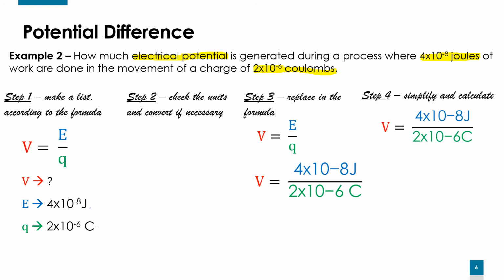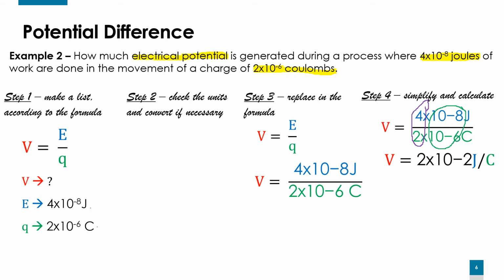So how do I simplify here? First, the easiest way, I'm going to divide these two numbers. 4 divided by 2. And then I'm going to divide these two together. It's the easiest way to do this, okay? 4 divided by 2, 2. 10 to the power of minus 8 divided by 10 to the power of minus 6 is the same as 10 to the power of minus 2, okay? So, joules per coulomb.